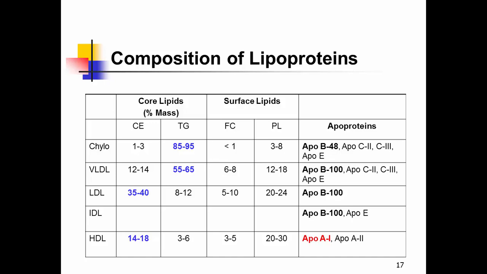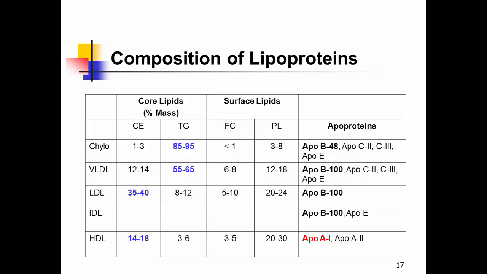For example, chylomicron surface has ApoB48, ApoC2, C3, and ApoE. If you compare to VLDL, VLDL basically has ApoB100, ApoC2, C3, and ApoE. So the ApoB type of apoproteins are different between the chylomicron and VLDL.